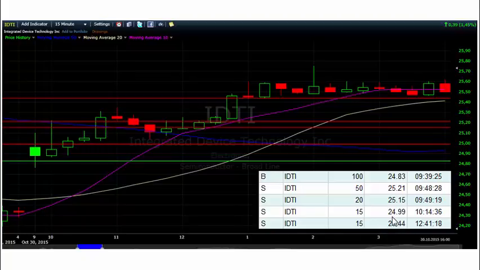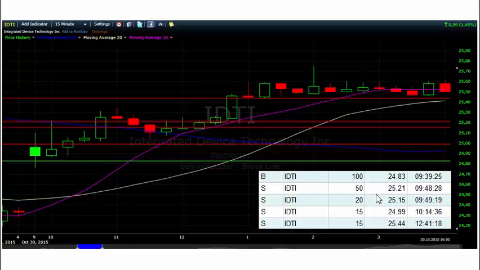It was 24.99, and that's this red line here you can see. And I decided then to not risk that and to sell 50 shares more.